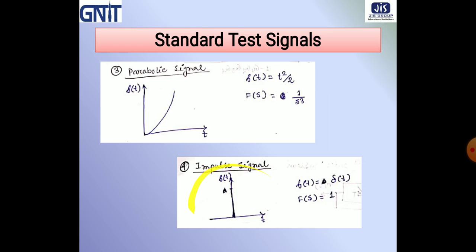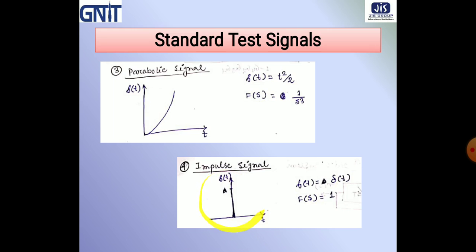And next is our impulse signal. Now what is an impulse signal? Impulse signal means at a certain value of t there will be a high magnitude, and at the other values of t, the magnitude remains 0.